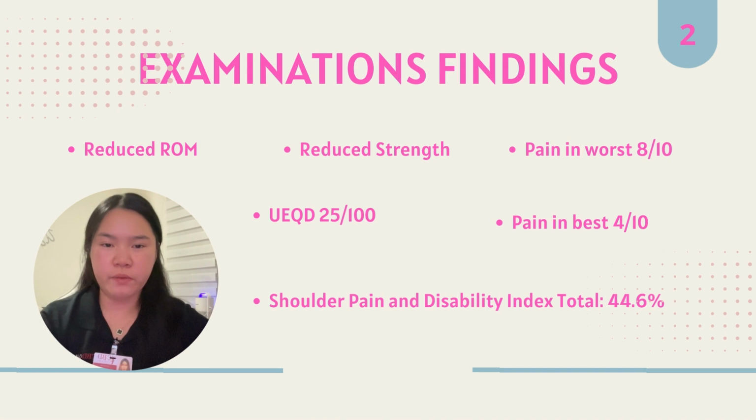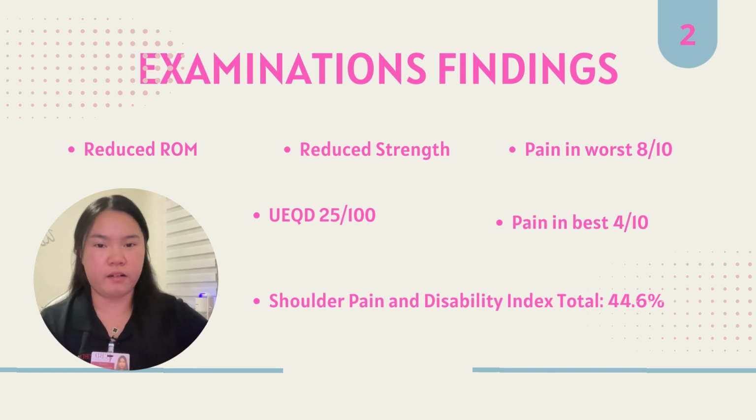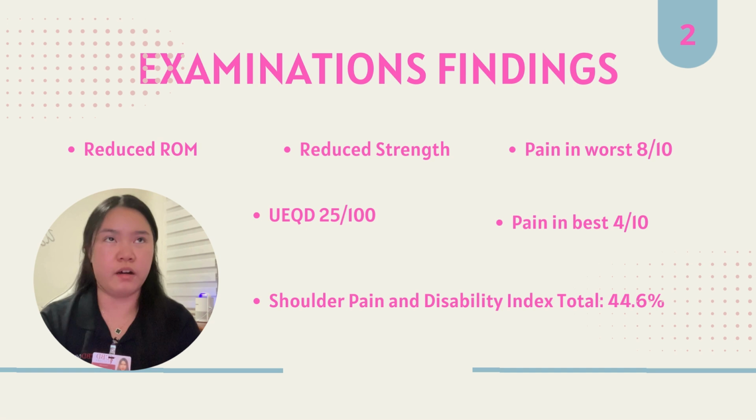On initial evaluation, the examination finding was reduced range of motion. Her shoulder flexion is hypomobile at 115 degrees, and her shoulder abduction is also hypomobile at about 120 degrees.